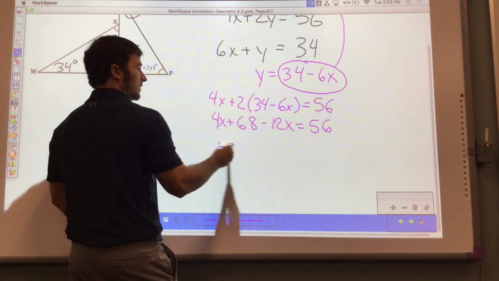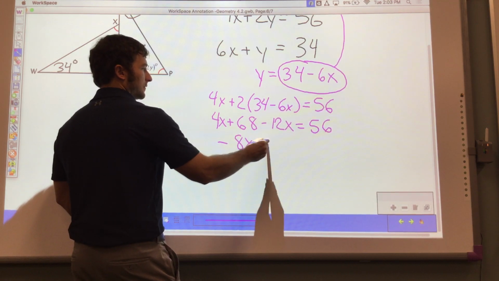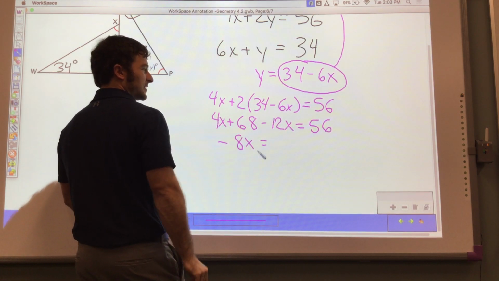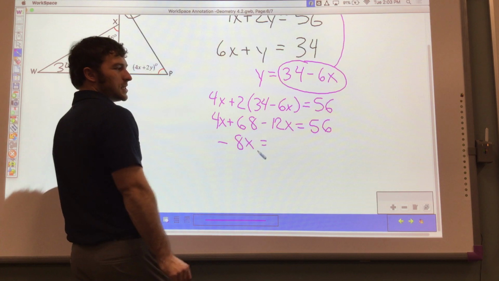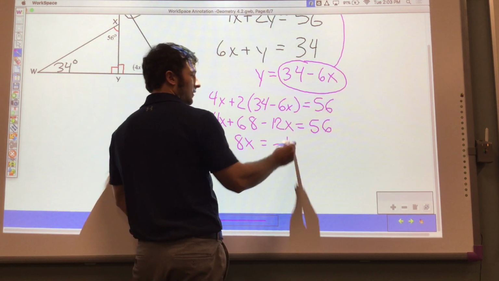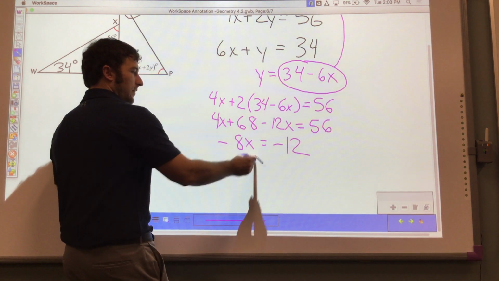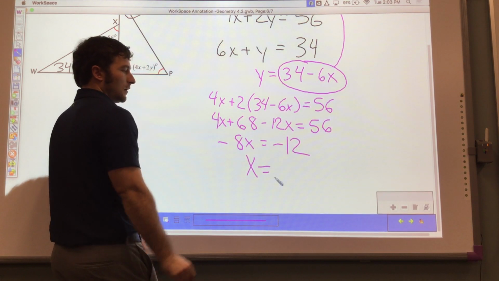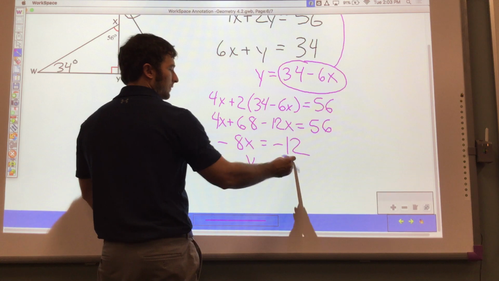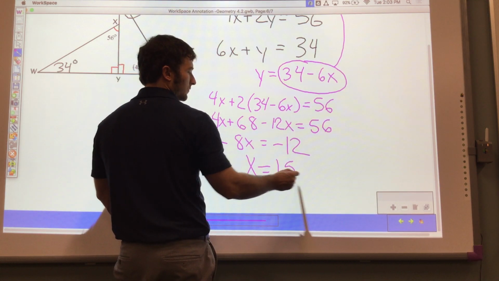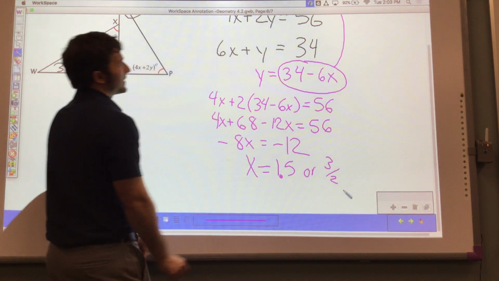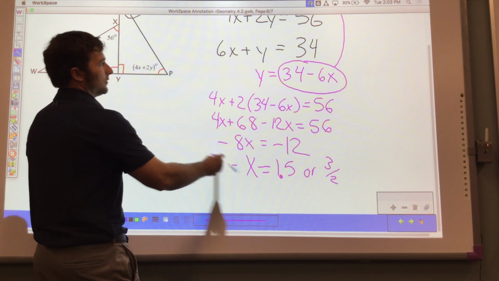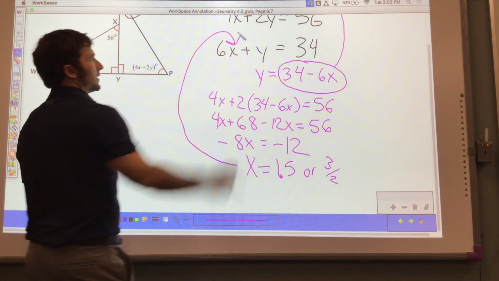Combine your like terms. Negative 8x. And let's just subtract that 68. So 56 minus 68 is negative 12. And then divide by negative 8. And we get 1.5, which it would be better to write 3 over 2. And then we take that and we can plug it into one of these up here.